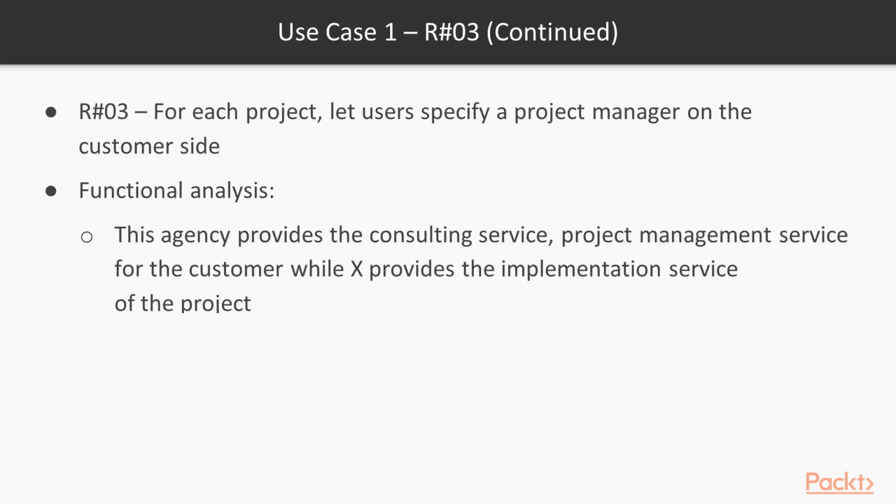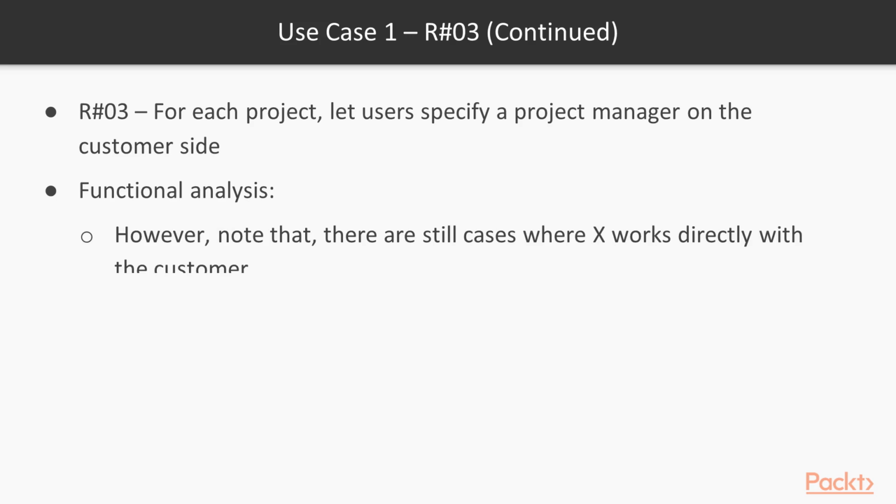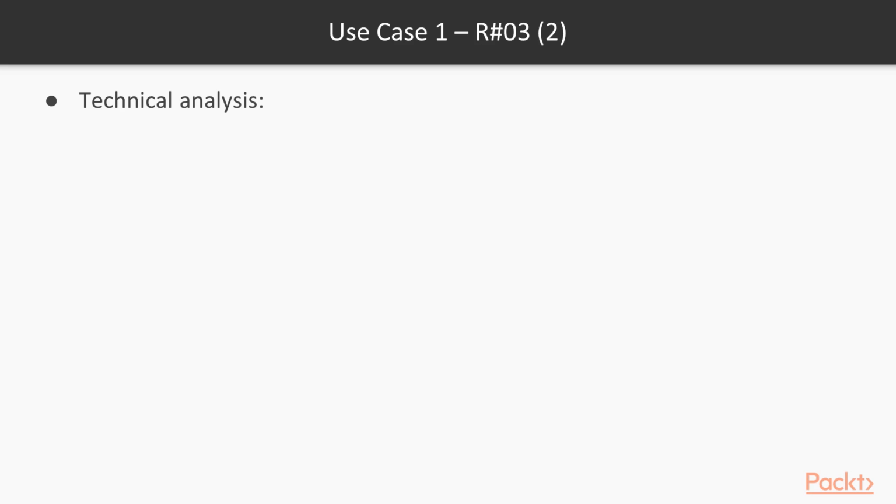This agency provides the consulting service, project management service for the customer, while X provides the implementation service of the project. The customer project manager will work in the company of this agency. However, note that there are still cases where X works directly with the customer, and in these cases, the agency is also the customer.